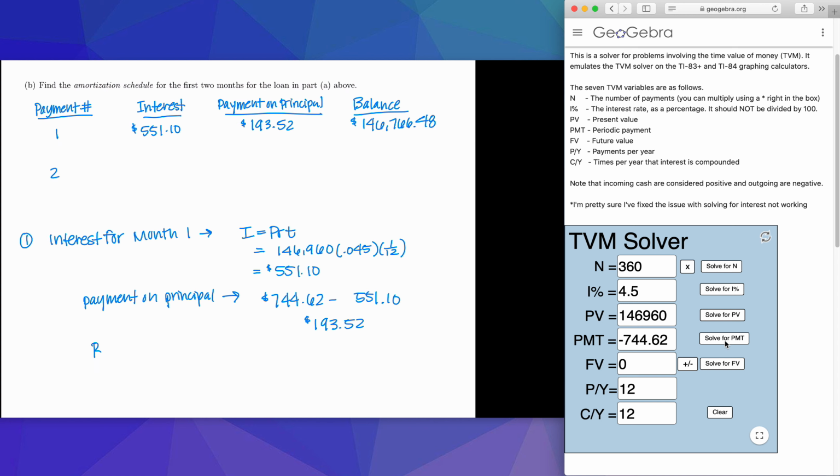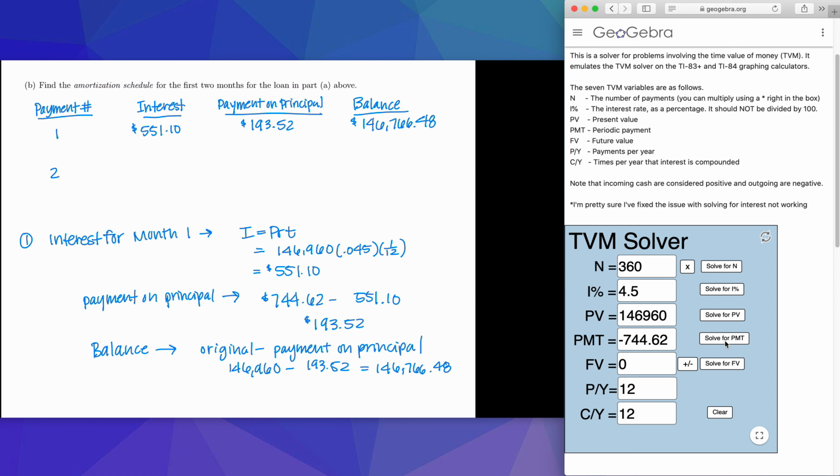So for the balance, we take the original minus the payment on the principal. So that was the $146,960 minus the $193.52. And we got $146,766 and 48 cents. Okay. All right.